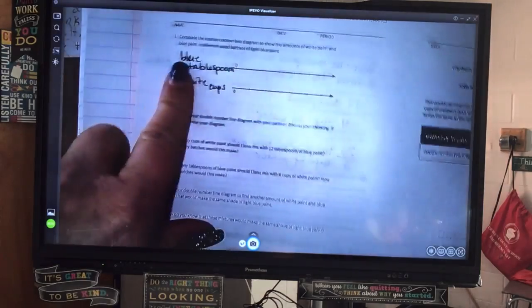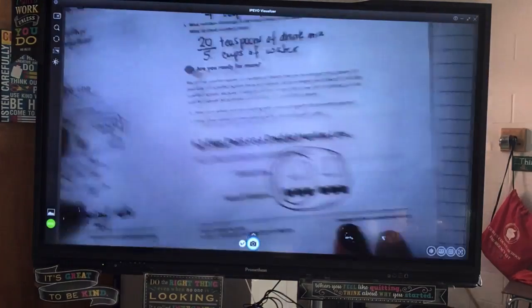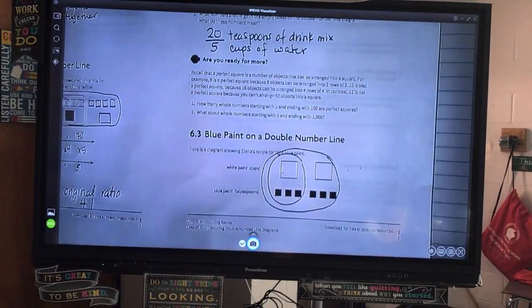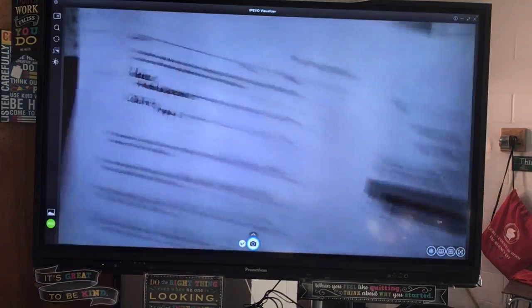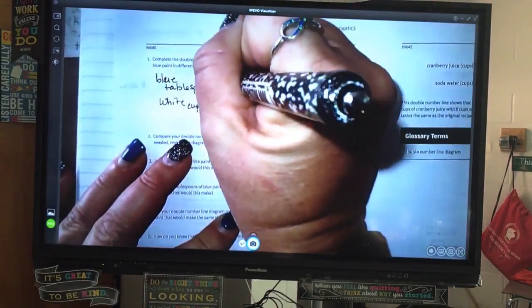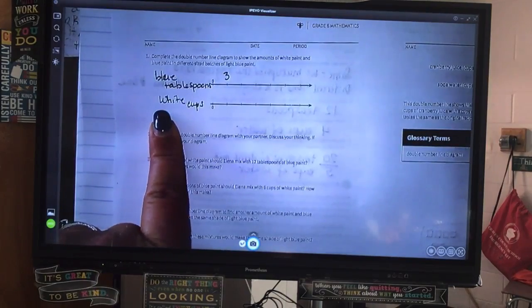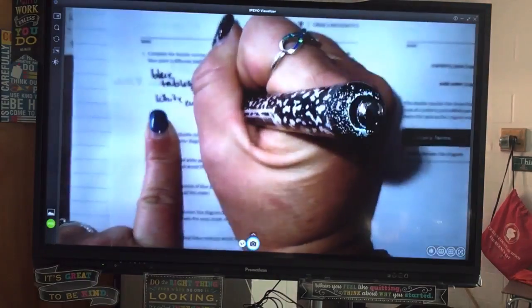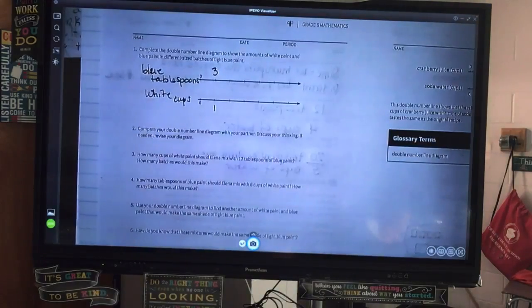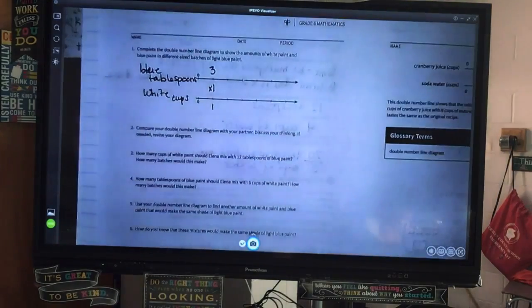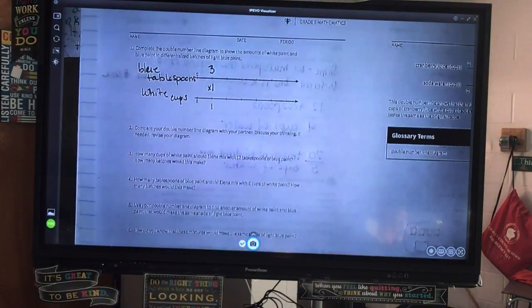Blue tablespoons is on top. How many blue tablespoons do we have in one batch? 3. All right, and then how many cups do we have in one batch? All right, so from this point, and this is just times 1, I want you to fill out the rest of those tick marks. Stand up when you're done. Which means you weren't listening to anything I said.